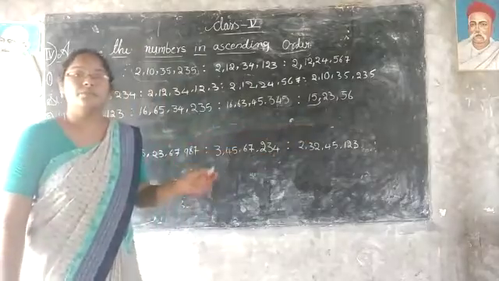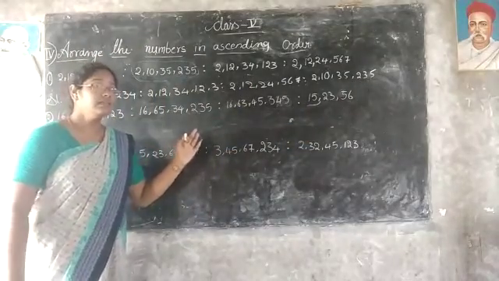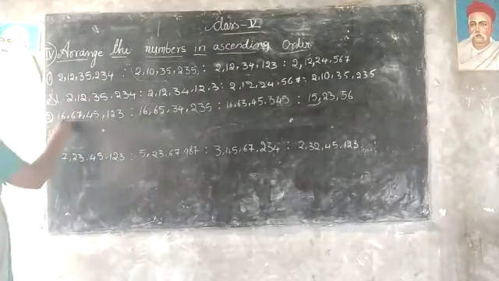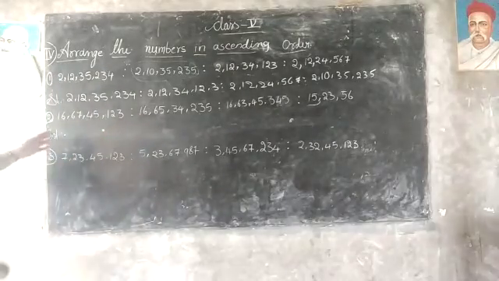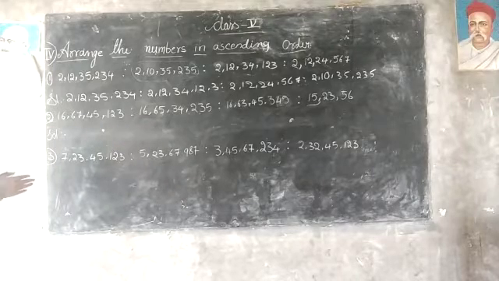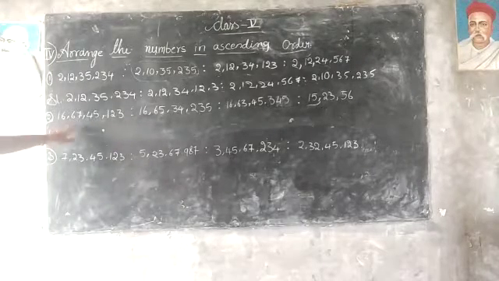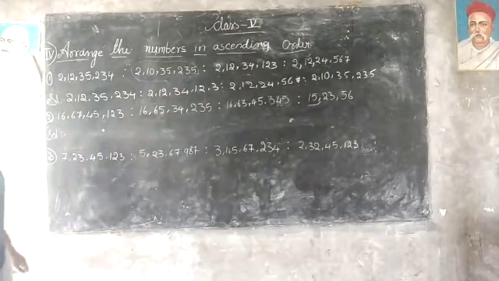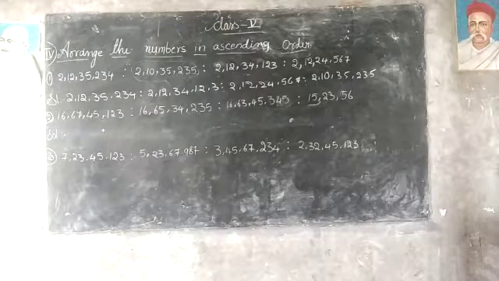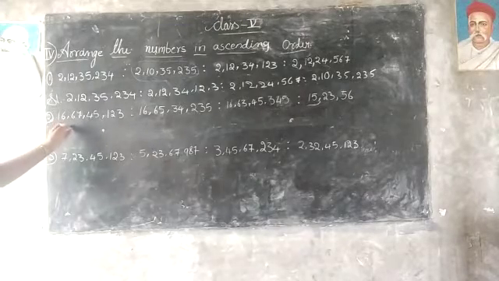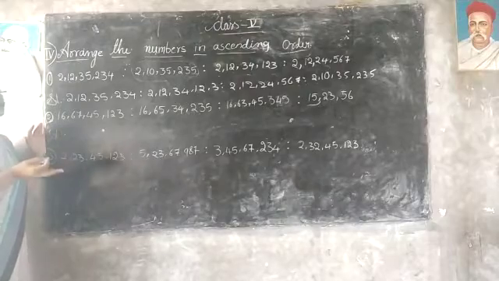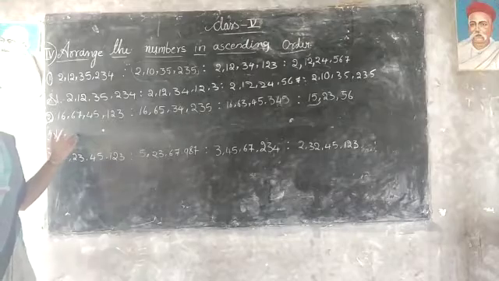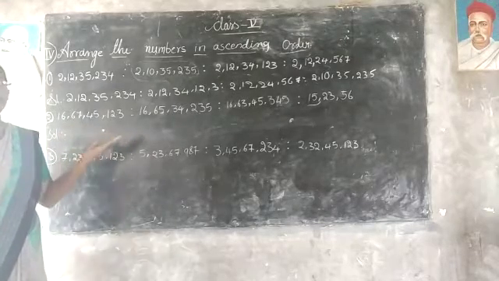So this is the smallest number in this order. The remaining three start from 16 crores. Next, we will check the lakhs place. Here 67, 65, 63. You can observe one thing: the given order is also a proper order.